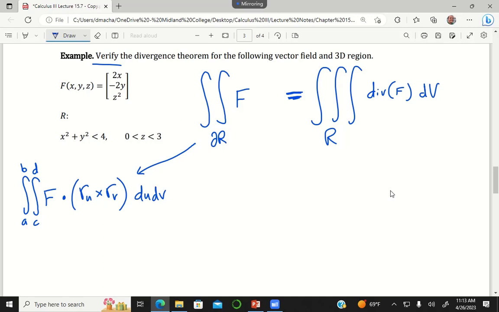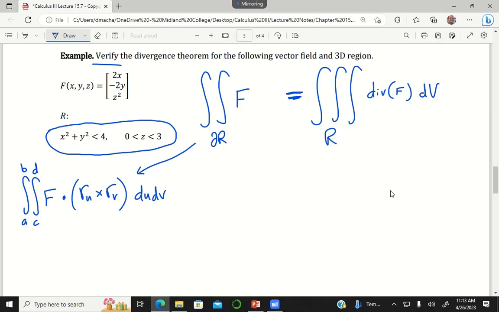And so my region is defined with these equations here. X squared plus y squared less than 4, what does that describe? It's a disk with radius 2 in the xy plane.